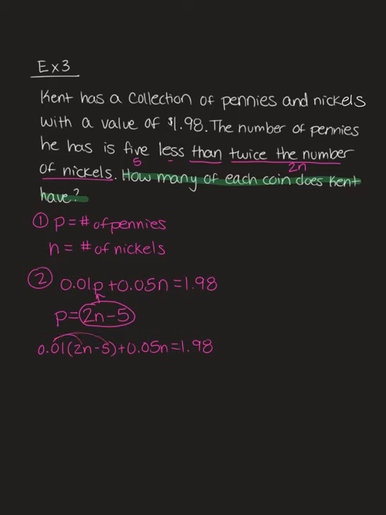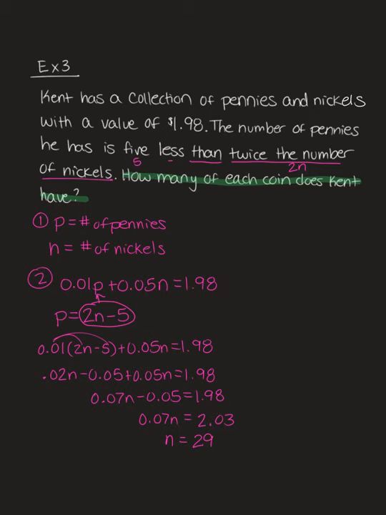I will distribute and combine like terms. 0.02n plus 0.05n is 0.07n. Add 0.05 to both sides, and you get 2.03. Divide by 0.07, and you get 29. So he has 29 nickels.